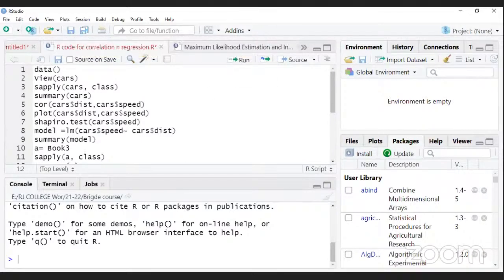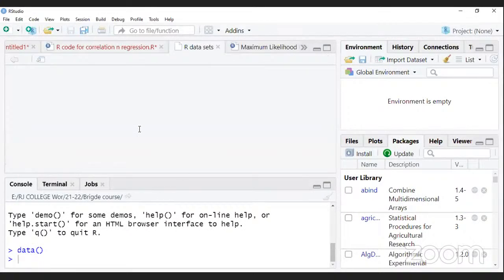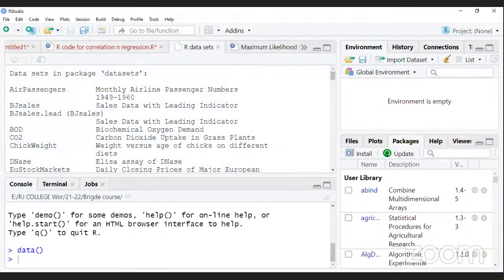Once you run it, okay, automatically a new tab will open, and here you have a huge amount of data which you can use for your analysis. Meanwhile I will explain about some types of data which you can use for further coming events.